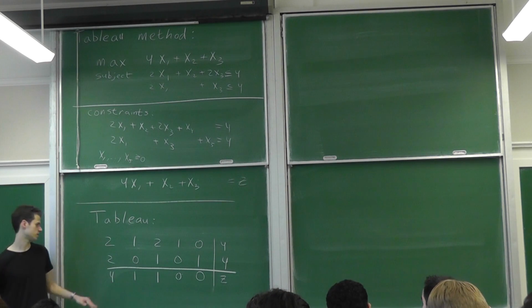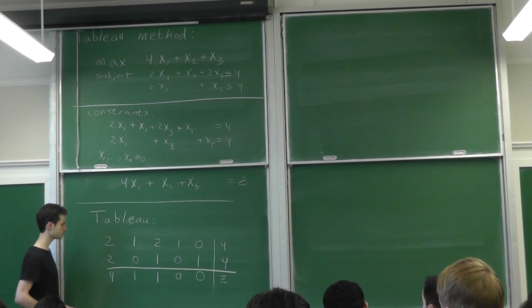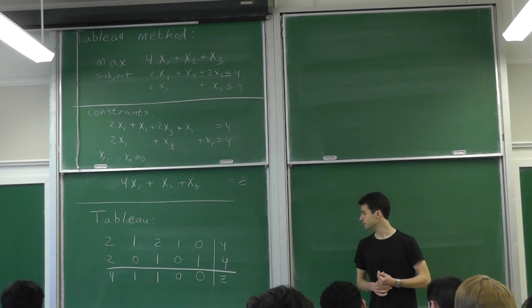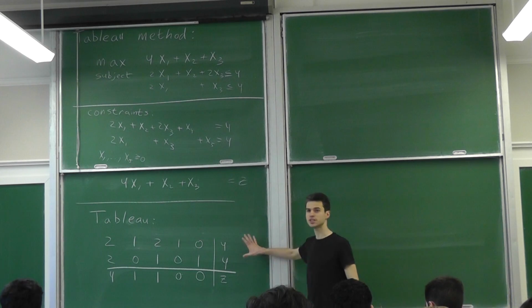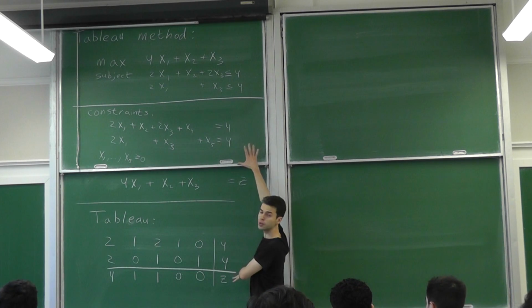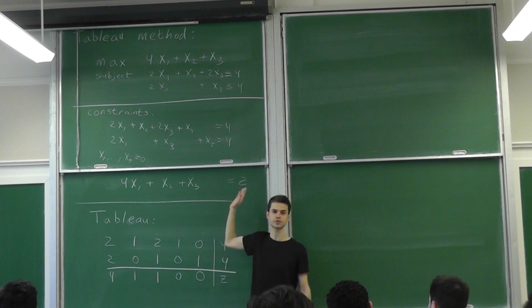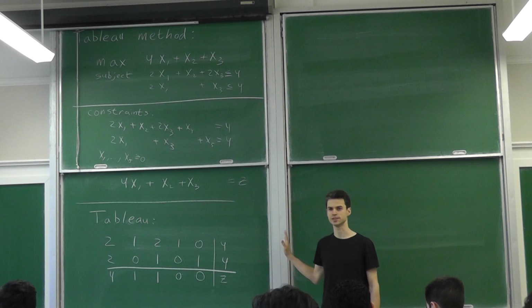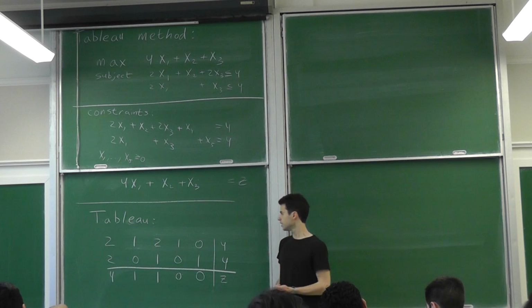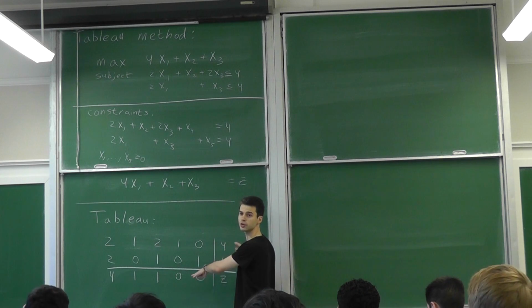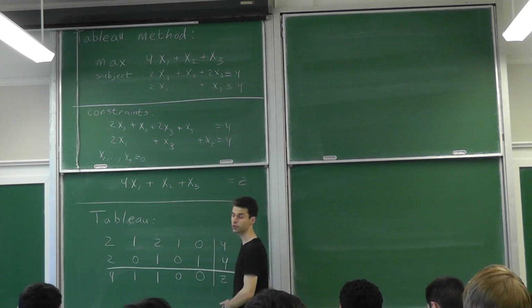I'm trying to maximize z. So I basically just recorded the same problem without writing x1, x2, x3, x4, x5. That's all I did. Of course, you can reconstruct the original problem from this one, or you can reconstruct this table from the original problem.